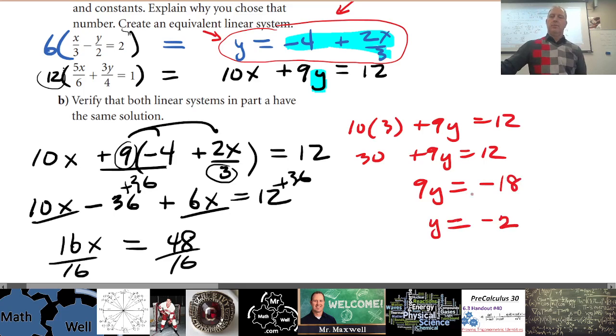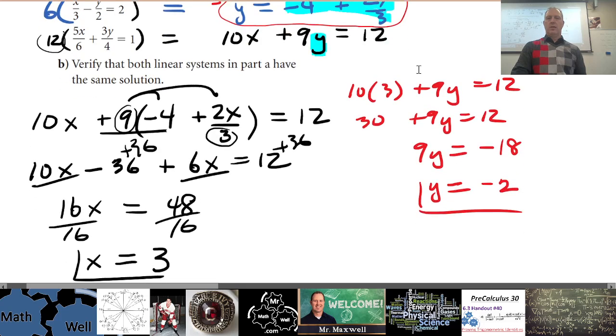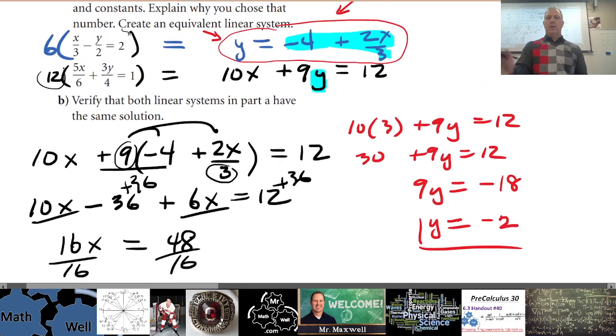Okay. Hopefully I didn't do that too fast. Now, does that look good to you guys? Y equals negative 2, x equals 3. Yep. So x and y, those values fit in this one too.